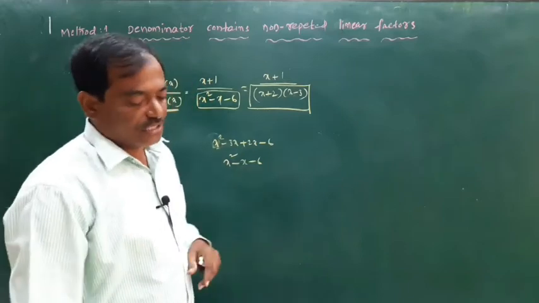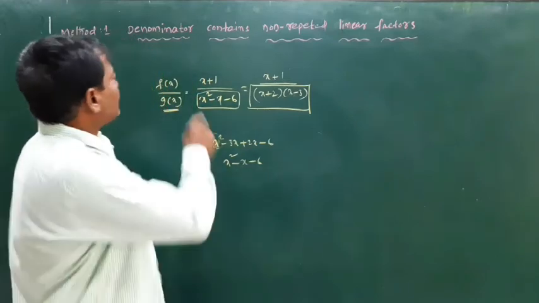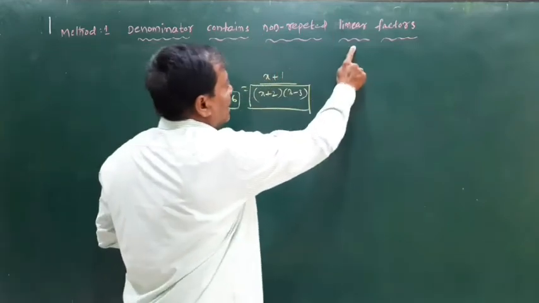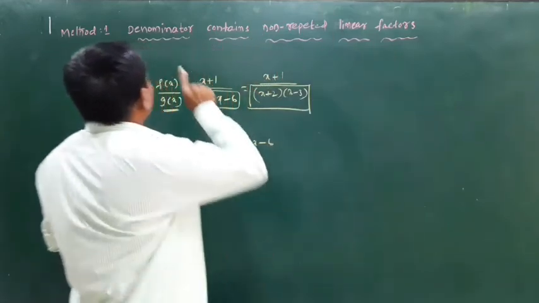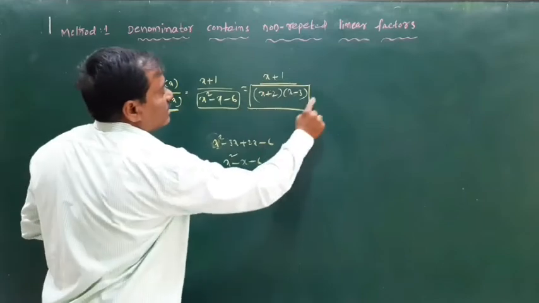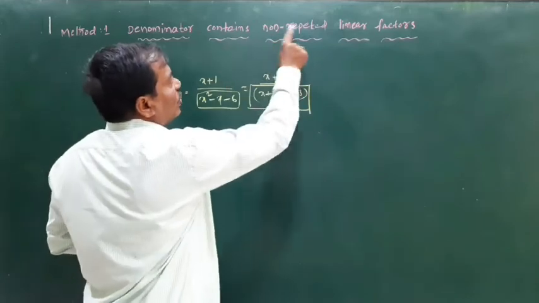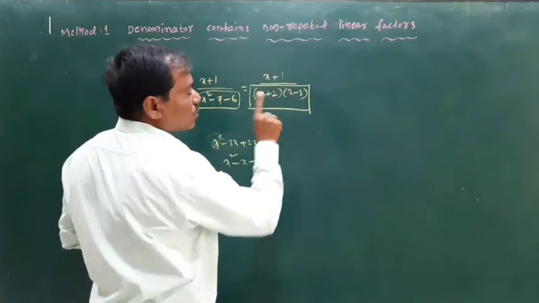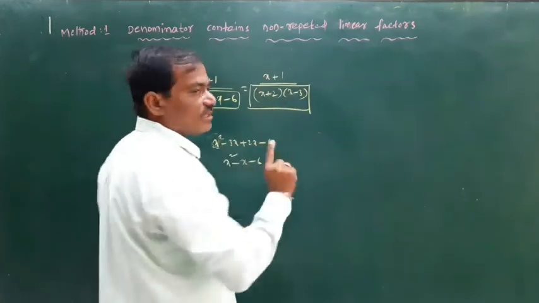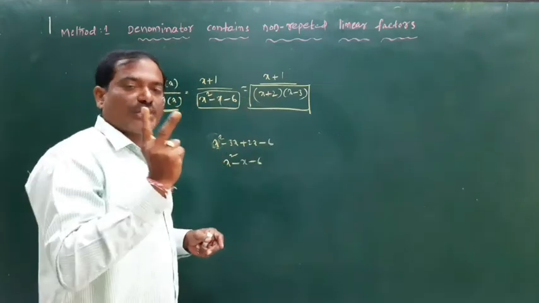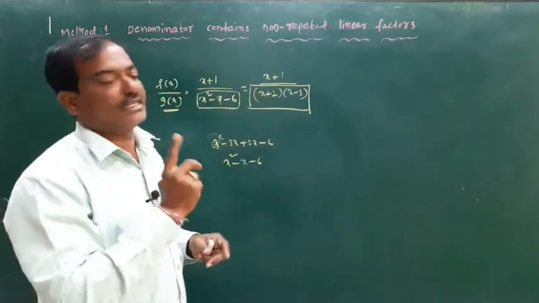Now, this is the first method. In this method, the denominator contains non-repeated linear factors. The denominator means the denominator of the given rational fraction. Here x plus 2 is one factor and x minus 3 is another factor. So g of x contains two linear factors, but they are non-repeated.